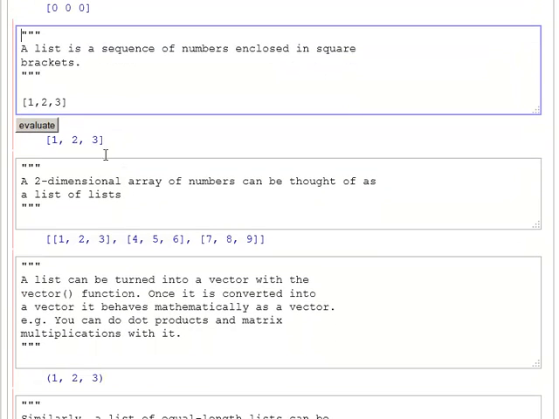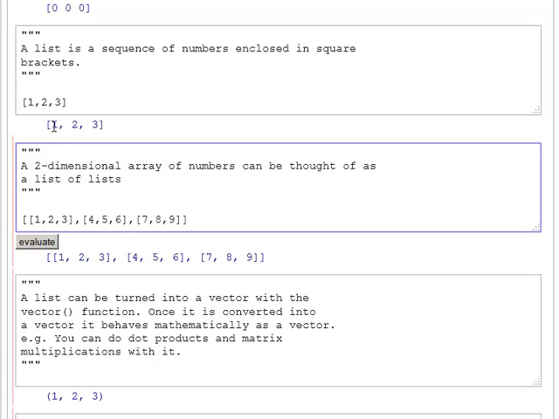Now, a list can be made by using square brackets and numbers with commas between them. So if I create a list, that's a list. A two-dimensional array of numbers can be thought of as a list of lists, and you can set it up that way. So here's a list with 3 numbers, comma, 3 more numbers, comma, 3 more numbers, and these are actually lists within an overall list.